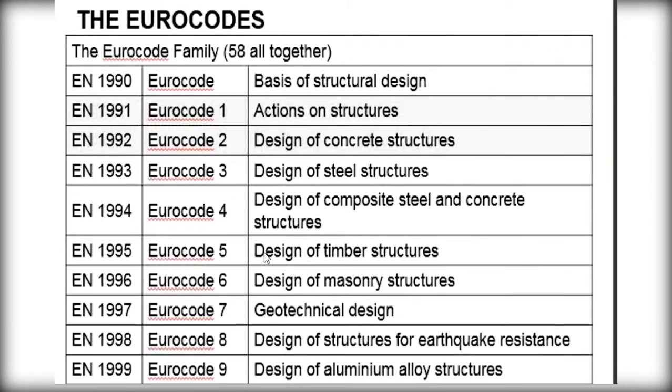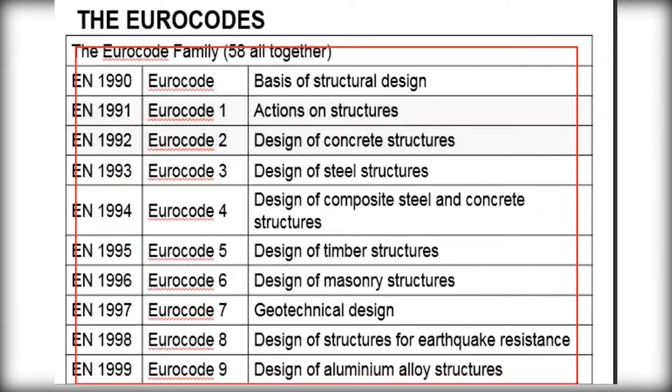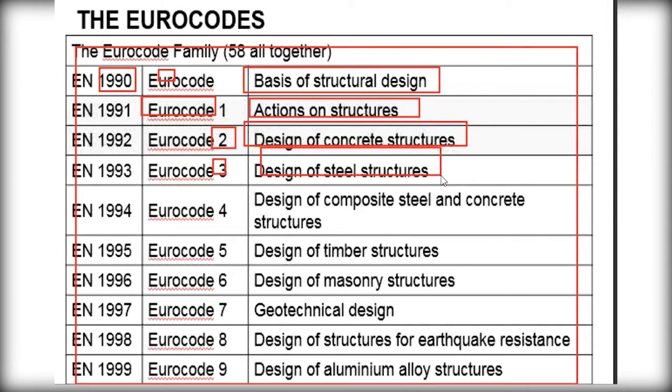So in Eurocode, you can pass through and look at this, and these are the family. Eurocode 0, EN 1990, the basis of structural design. Eurocode 1, the actions on structures. Eurocode 2, the design of concrete structures. Eurocode 3, the design of steel structures.